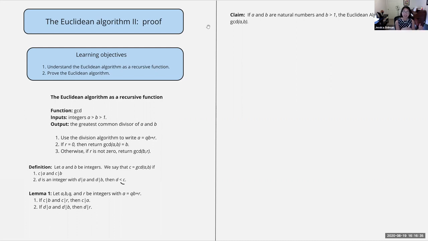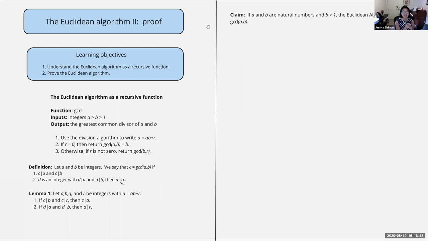There are a couple of things I wanted to have as ingredients to the proof. One is to recall the definition of the GCD. It's a common divisor, and it's the greatest common divisor, so it's bigger than any other common divisor. And two, I wanted to have this little lemma that we proved in class the other day.